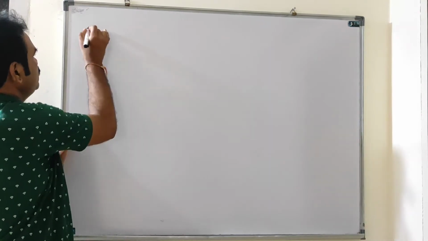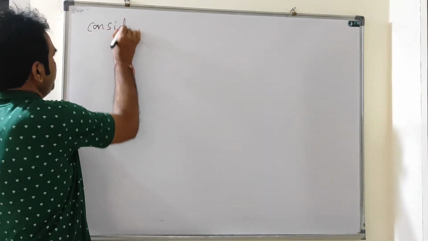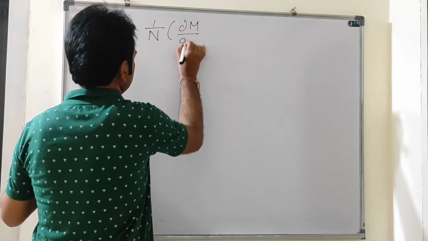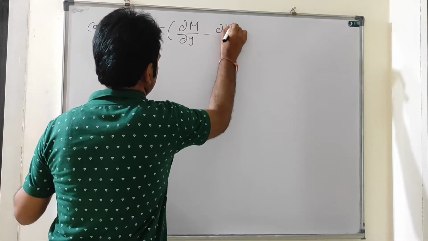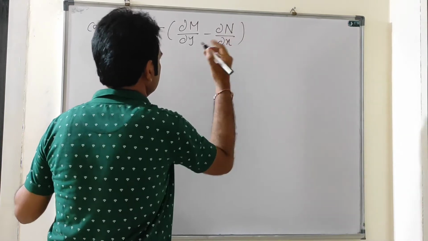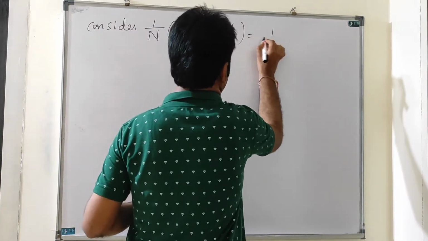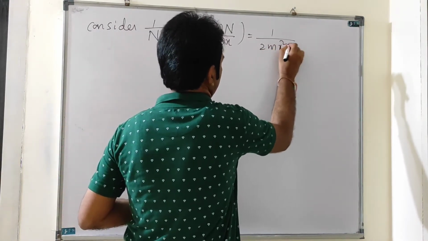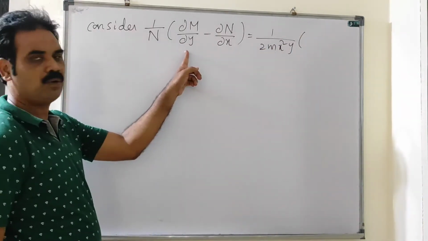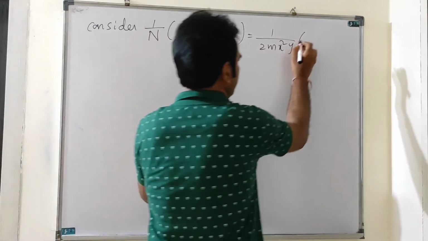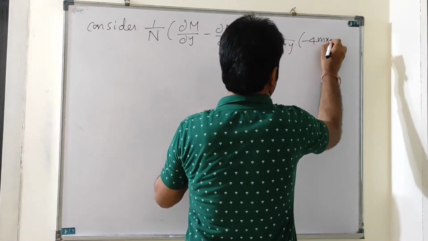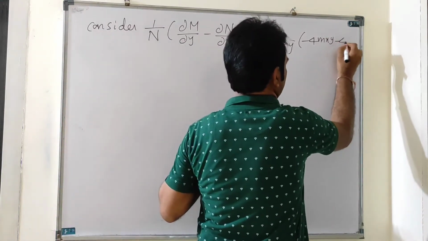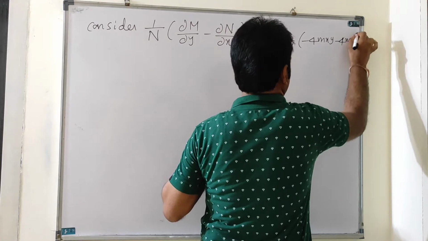Consider 1 by N into (∂M/∂y minus ∂N/∂x). That is equal to 1 by, what is N here? N is 2mx square y, and ∂M/∂y is minus 4mxy, minus ∂N/∂x which is 4mxy.